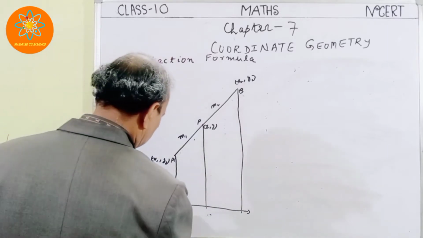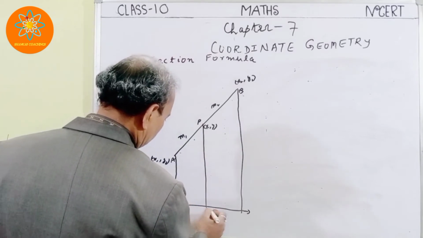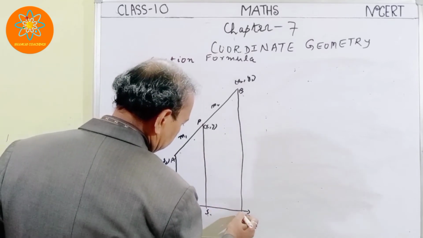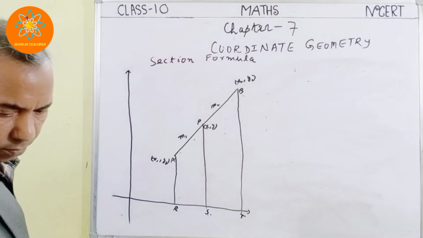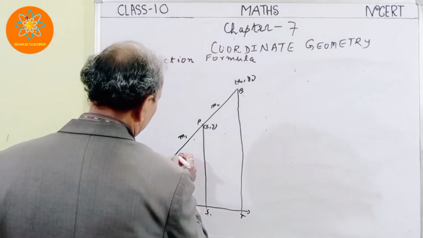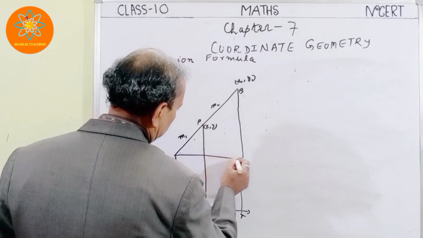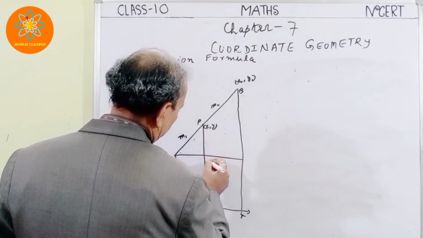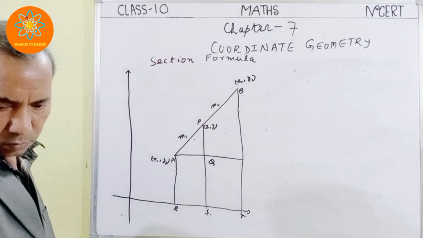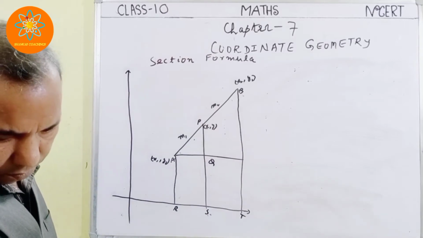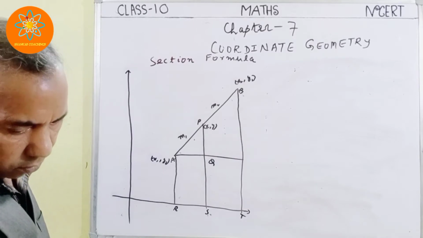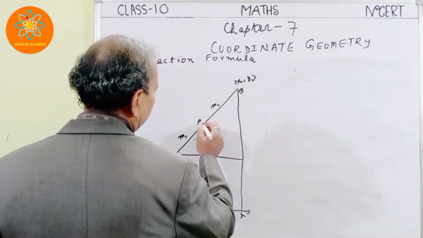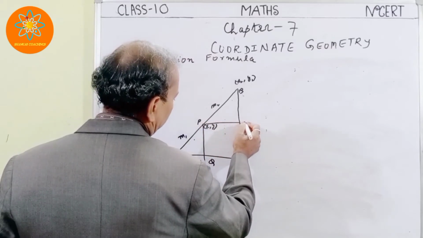This is R, S, and T. This is the Q point, A to Q, and then let's suppose here is another point, that is C.